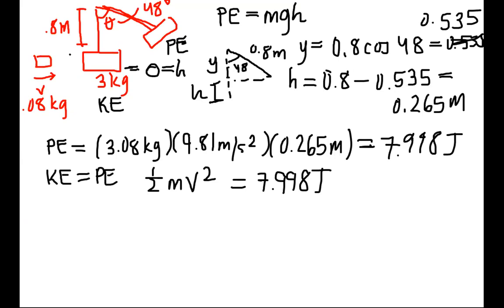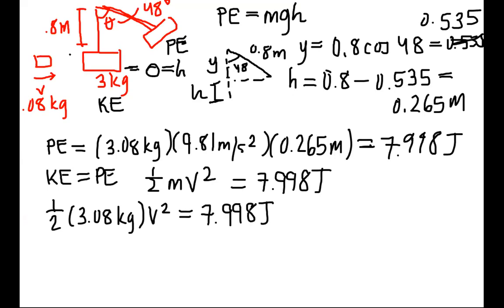So plugging in our total mass of the combined objects again, we get a velocity of 2.28 meters per second. And that is the velocity of the pendulum at the beginning of the swing.